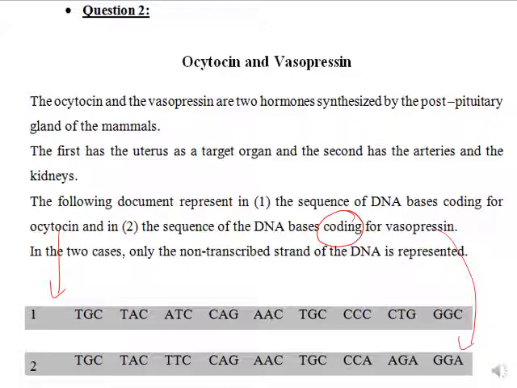How can we determine the sequence of the mRNA, and how can we determine the sequence of the amino acids? They said the coding. So it's non-transcribed, non-template, it's the coding. So the mRNA is similar to the sequence, but instead of T, it's replaced by U.